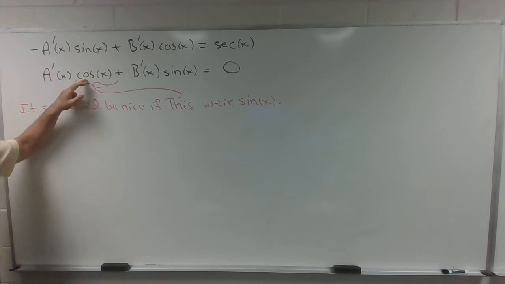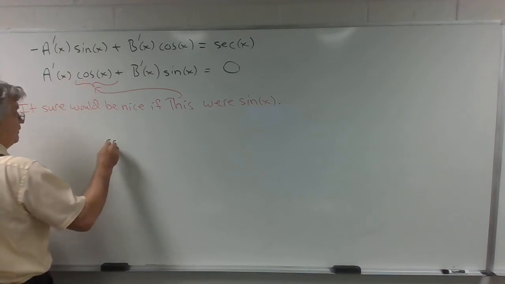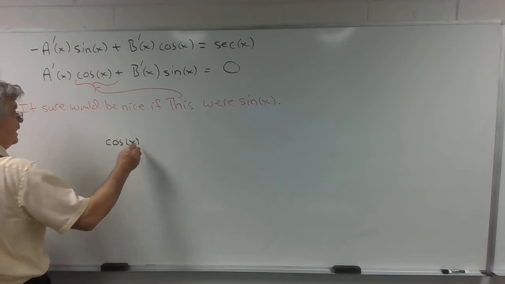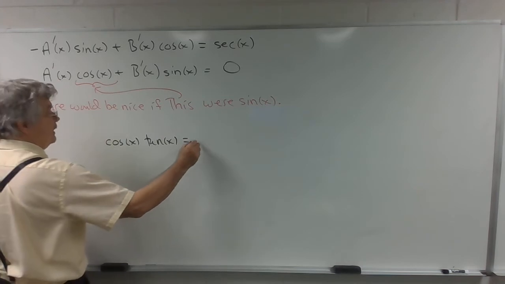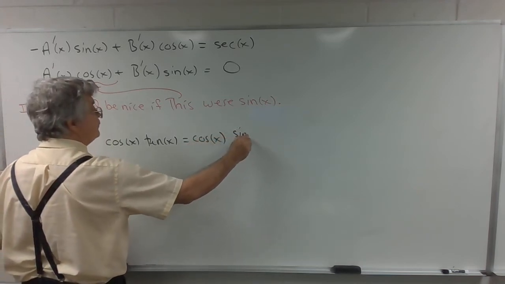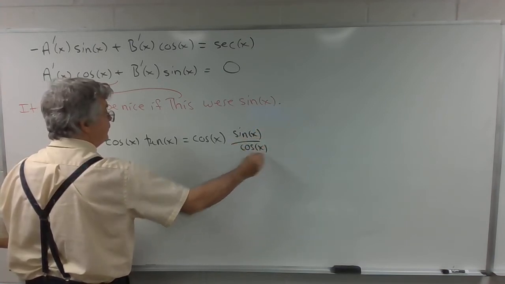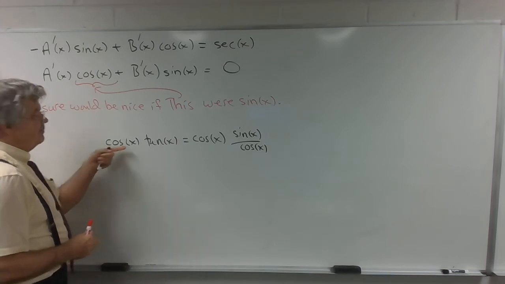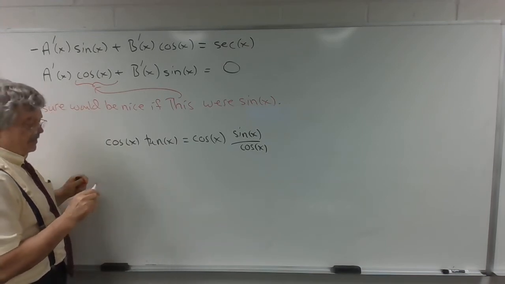If I multiply cosine of x by tangent of x, that's cosine of x times sine of x over cosine of x.